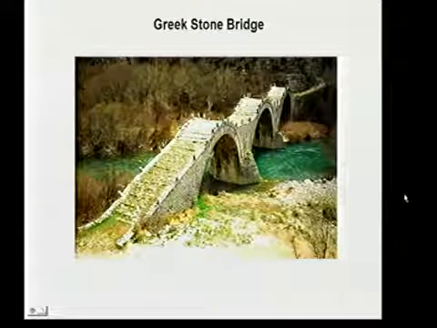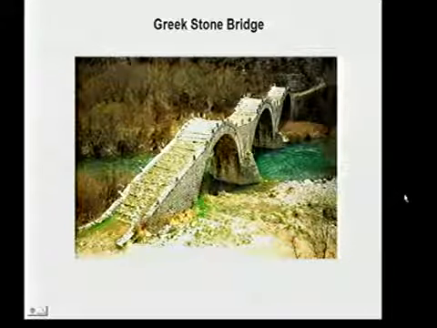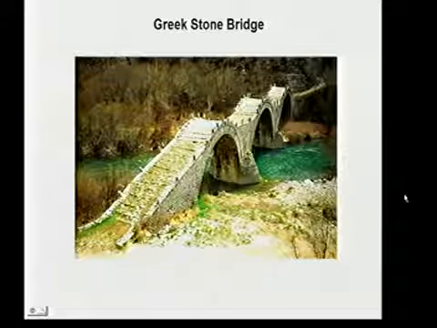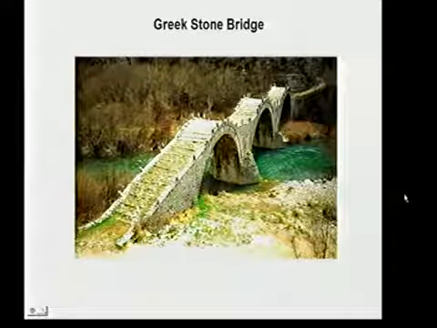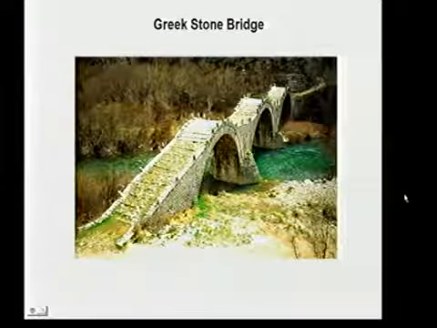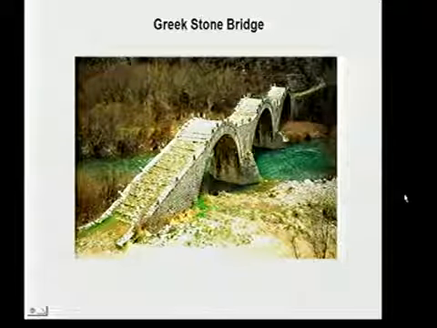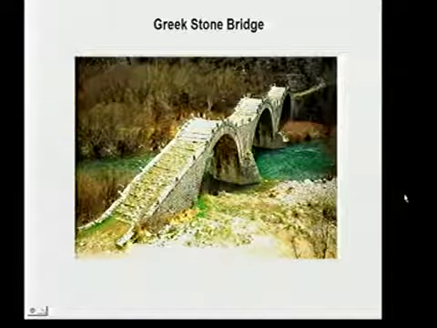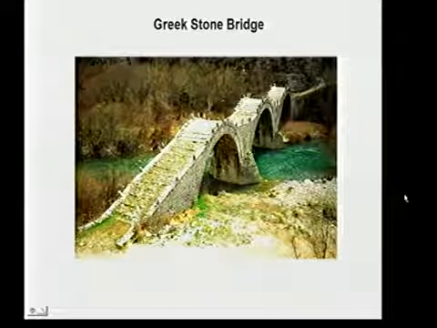The Greeks were amongst the first to produce a record of bridges. There were probably other civilizations that did it before the Greeks, but the Greeks still have some surviving bridges from several thousand years ago. This is an example of one that is several thousand years old from that area of the world.